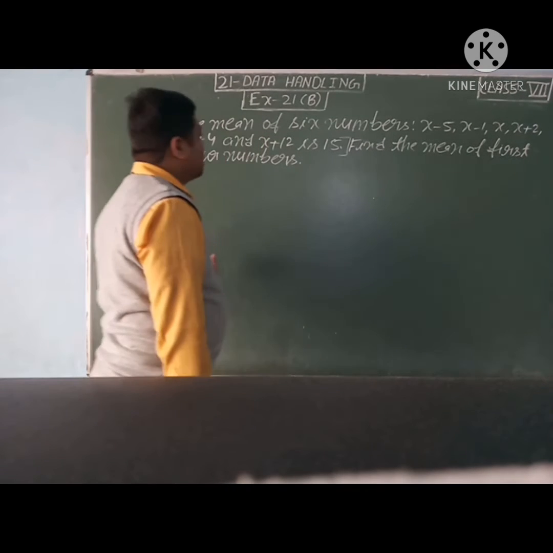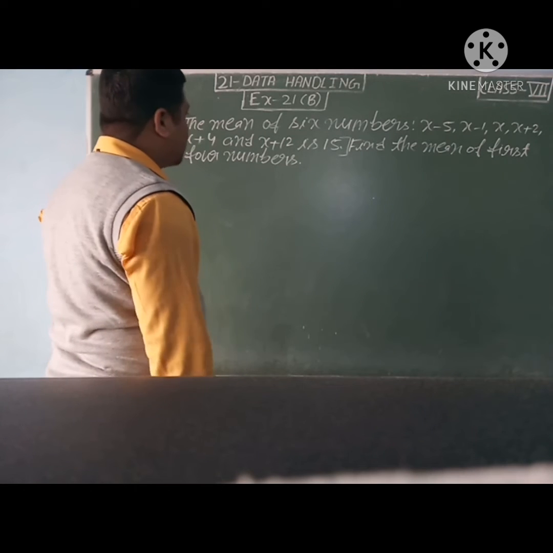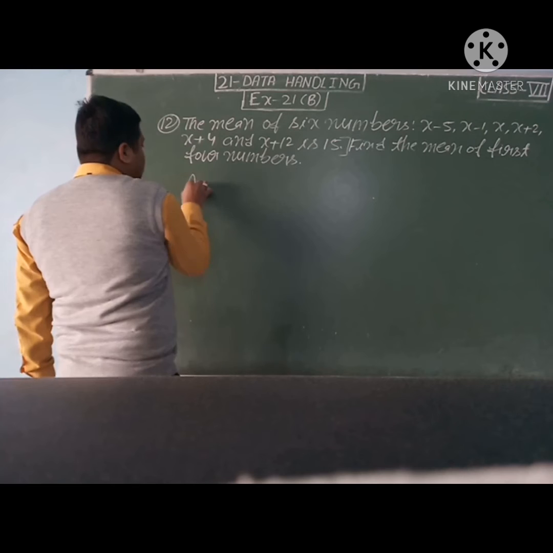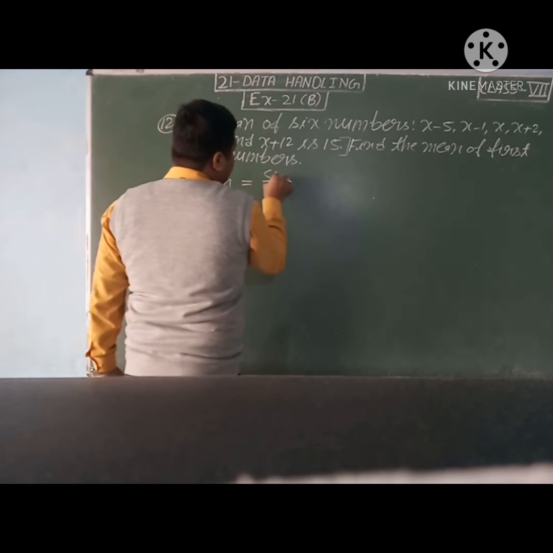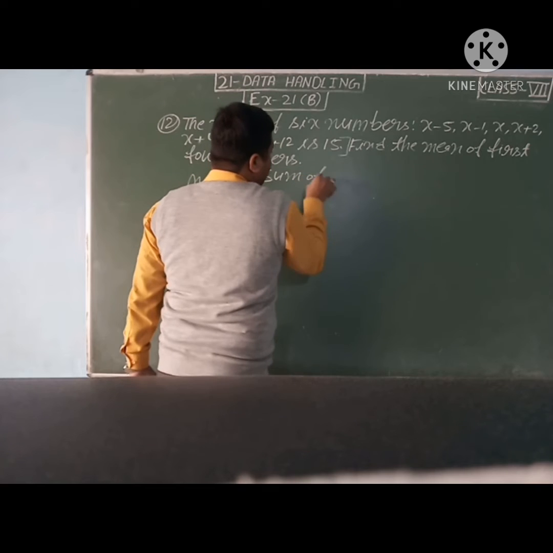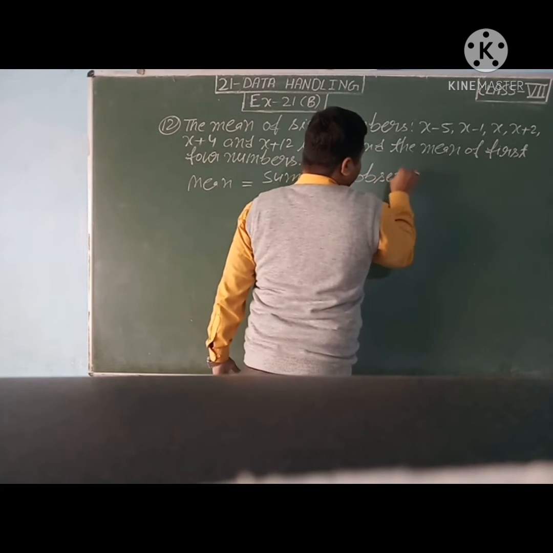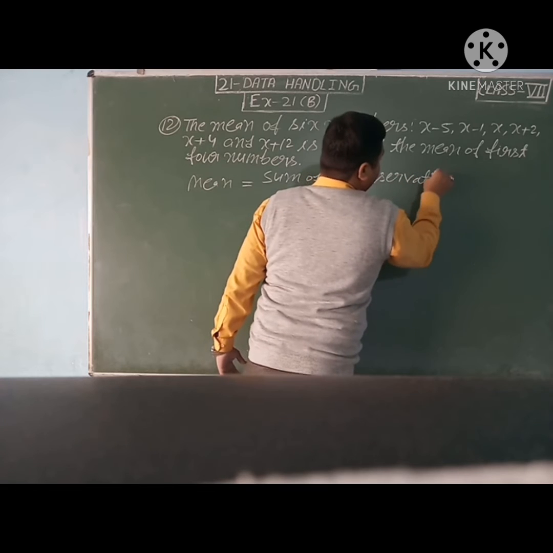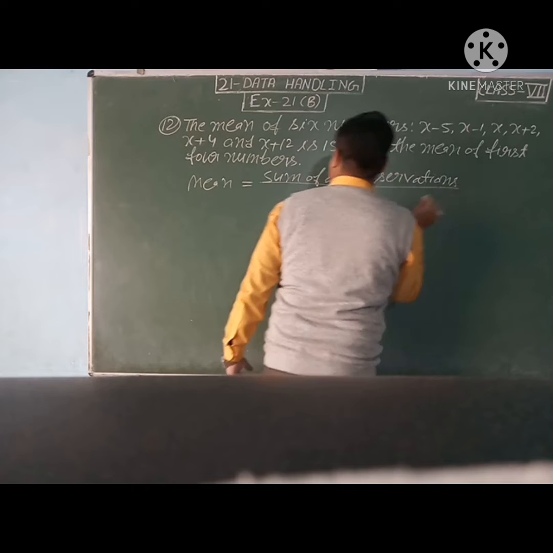So to find the value of x, what we will do? We will use the formula of mean. So mean is equal to sum of all observations upon number of observations.